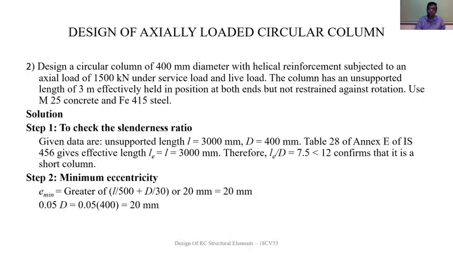As per clause 39.4 of IS 456, a multiplying factor of 1.05 is recommended regarding the strength of such columns.